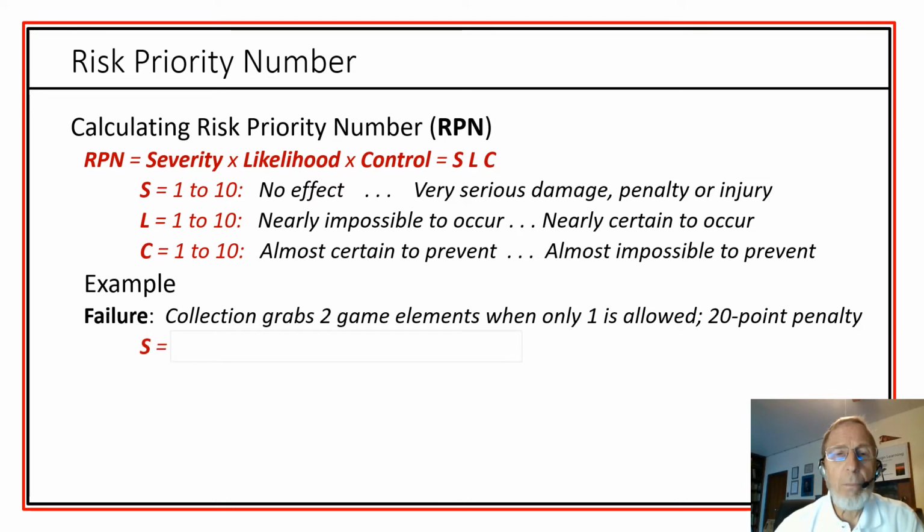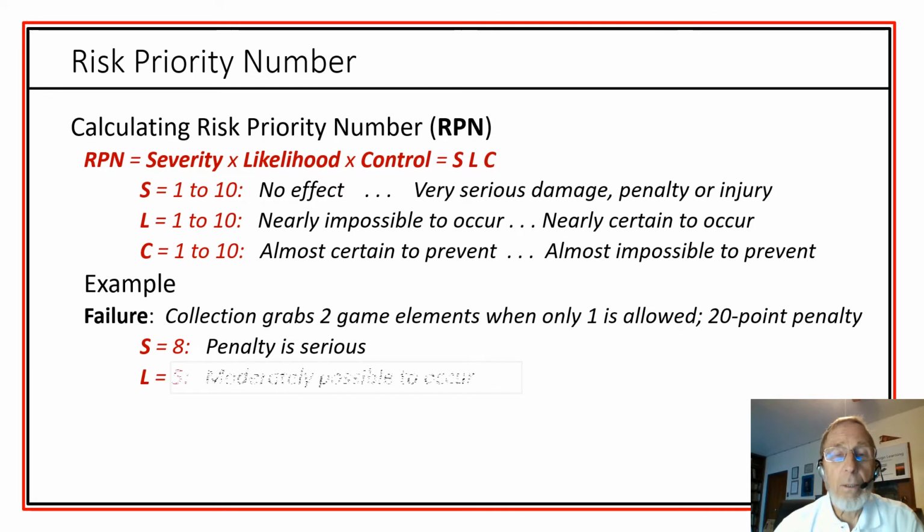What would be an appropriate severity score? Well, depending upon the situation, you could give it a score of 8, because if we're unable to avoid this occurrence and we are assessed a penalty, that 20-point penalty could be very serious in terms of its impact on our game success.